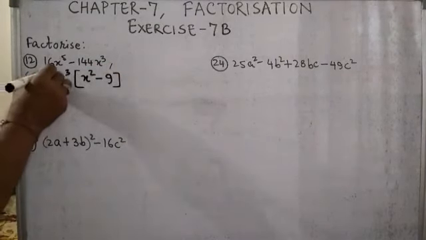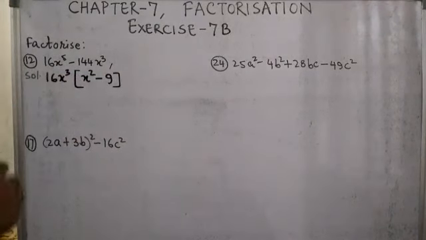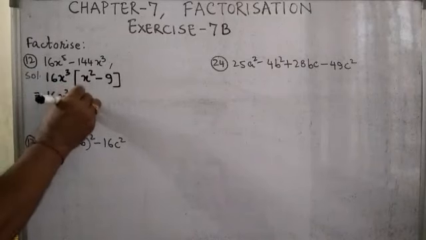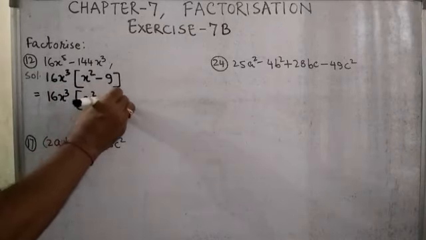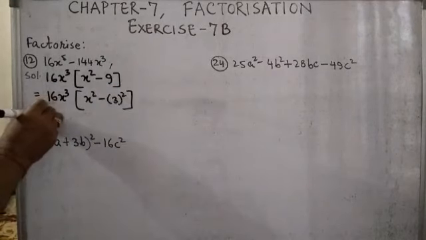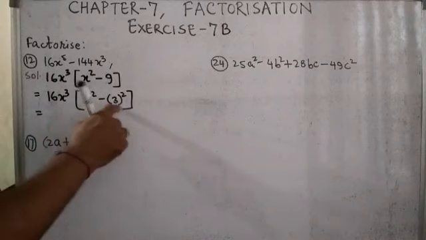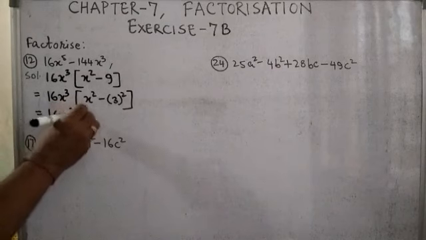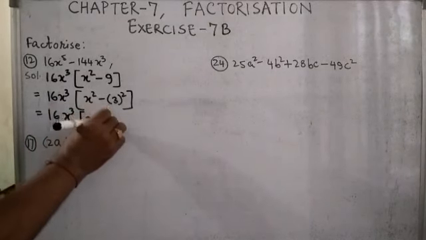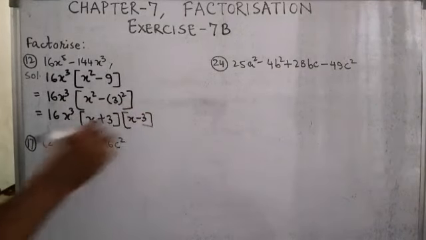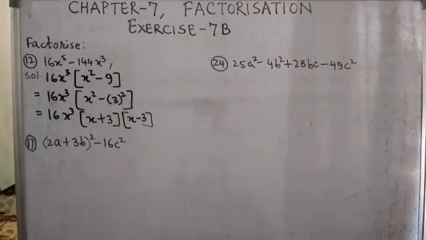So x square minus 9 is to be changed into a difference of two squares, 16x cube into x square minus square of 3. Now this becomes a difference of two expressions, so 16x cube multiplied by x plus 3 into x minus 3 is the factorization answer of this question.